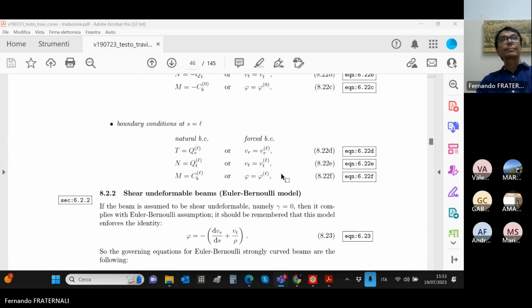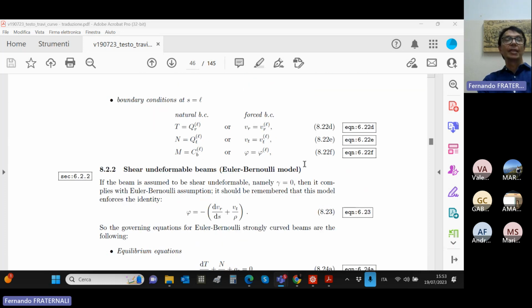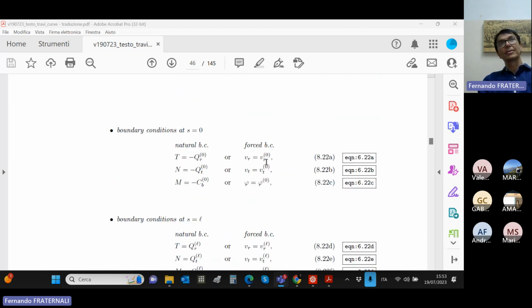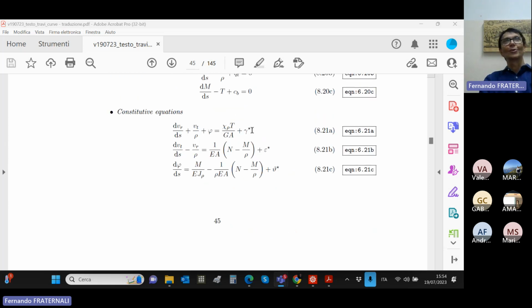Now, if we assume that the elastic part of the shear strain is zero, then we have the Euler-Bernoulli theory, in which, for the sake of simplicity, gamma star is also zero, so there is no eigen strain in the shear.